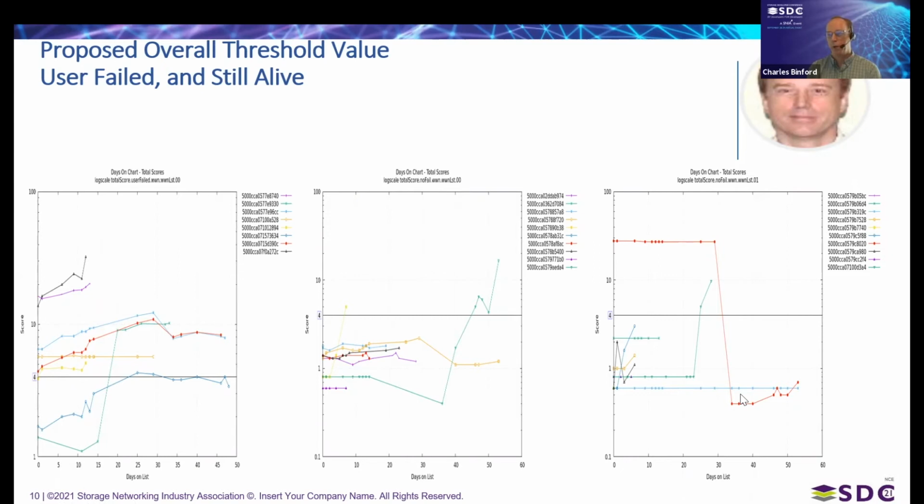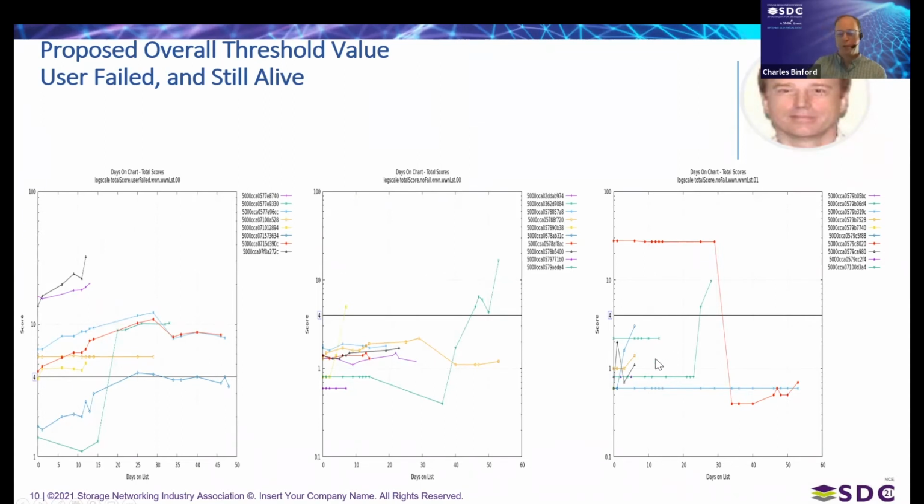The other thing to note on here is that because the algorithm has a look back over a period of days, and you see the days on this chart go up to 50, or I guess 60 on the far right ones, if the line is flat, it means the drive isn't necessarily giving more errors.